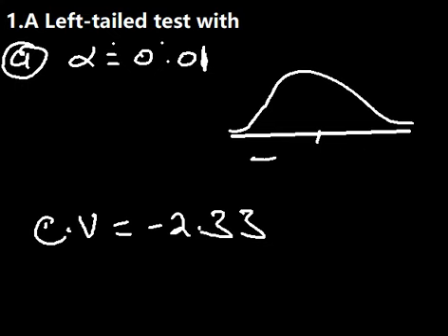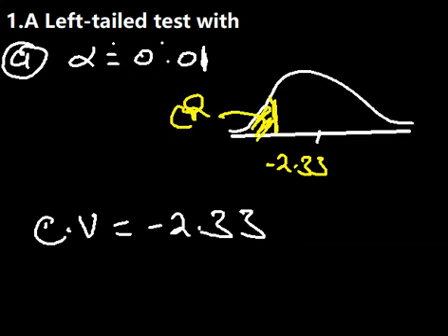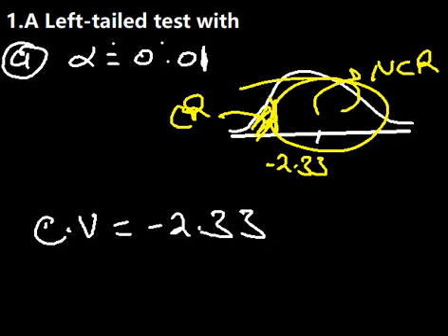The critical value that we have is negative, so it is located on this side. So this is the value, negative 2.33, and since it is a left-tail test, we just shade this side. So this is the critical region, and this is the non-critical region. So take note of that.